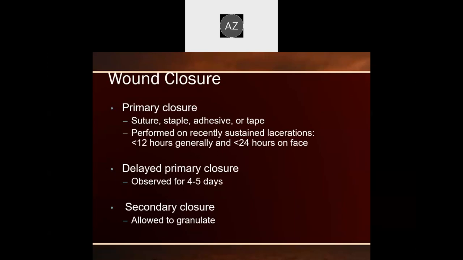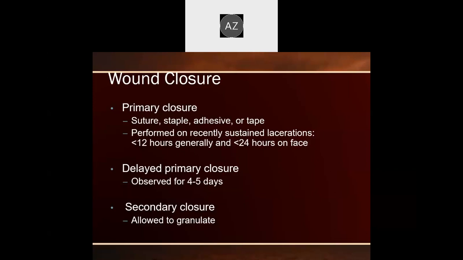So for primary closure, you're going to suture or use staples or adhesives or tape. This one is performed on recently sustained lacerations, generally less than 12 hours, and perhaps for the face it is 24 hours. That's very important to take into account.